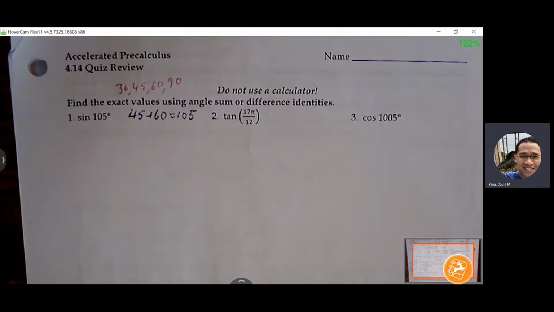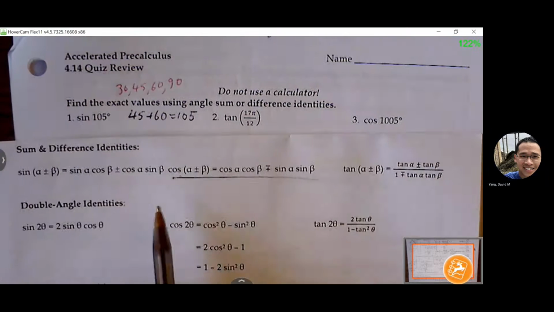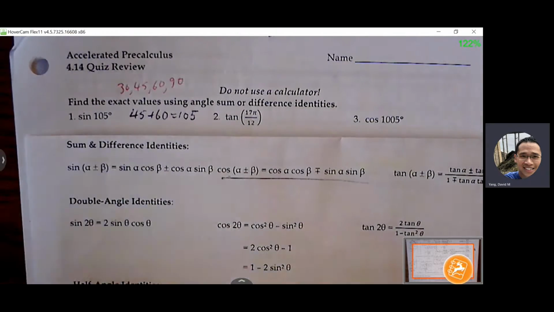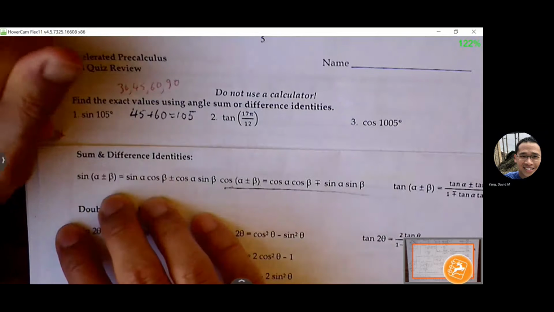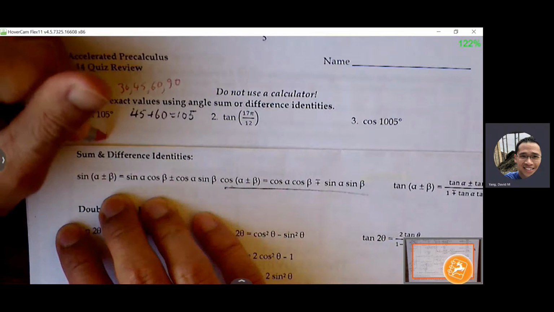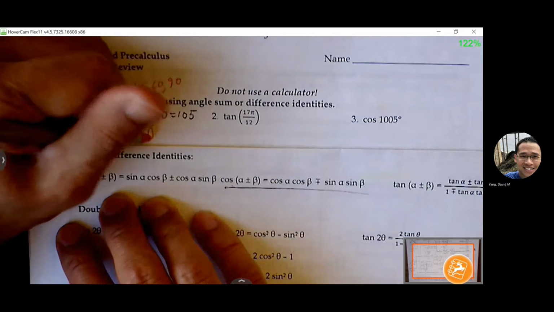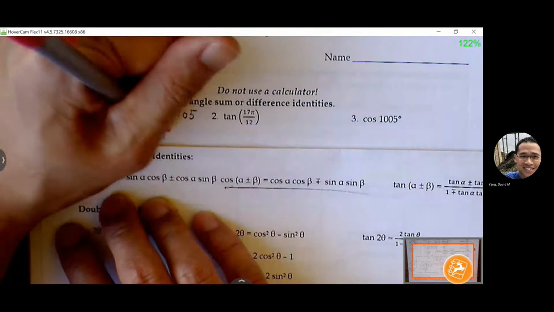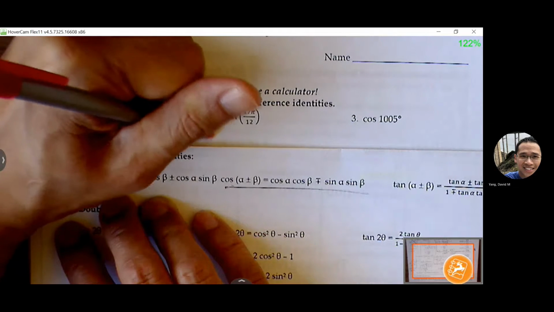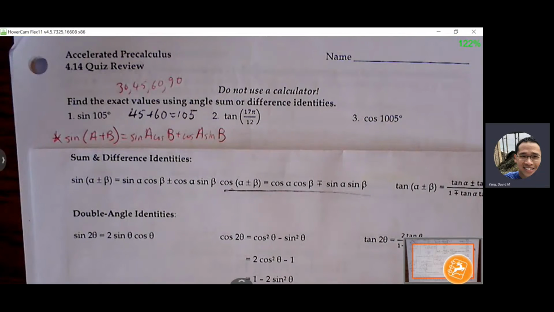There we go. So there's our A and B value that we can use to build from our sum and difference formula. So I'm going to write that formula, and we're going to apply it. It doesn't matter what your A and your B value is.